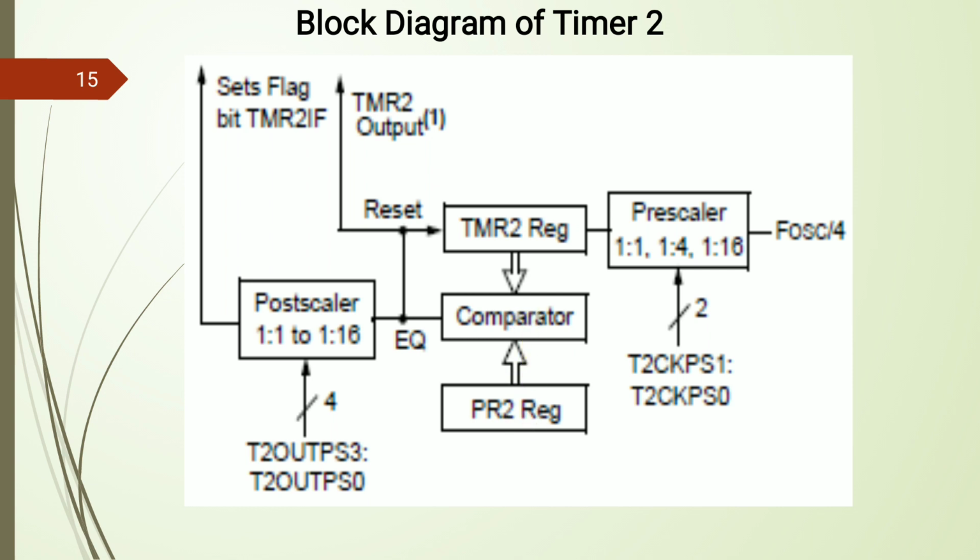When it matches the value loaded in PR2, the comparator generates a high signal, and each time the comparator signal is high, timer 2 is reset and continues incrementing. Each time the post scaler increments by 1, and after reaching the maximum value it generates a timer 2 interrupt. So this is the working of the timer 2 register.